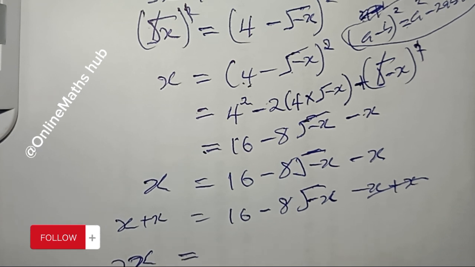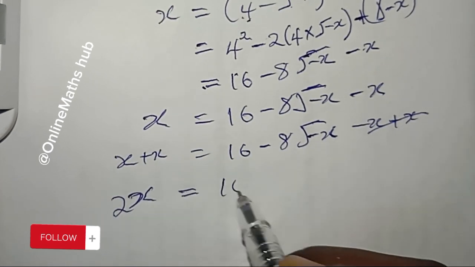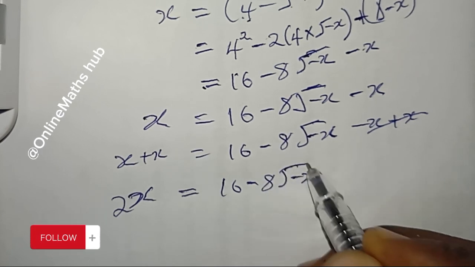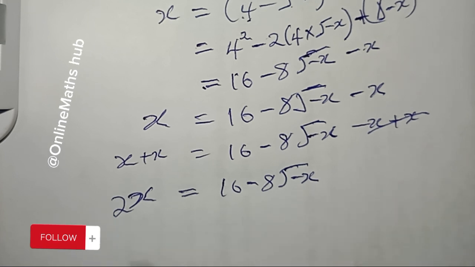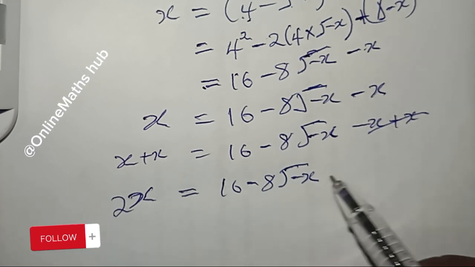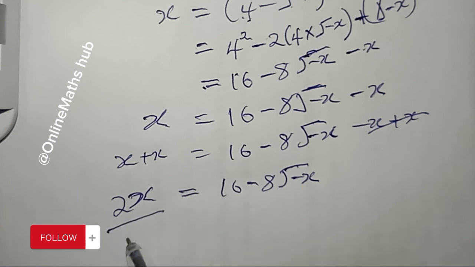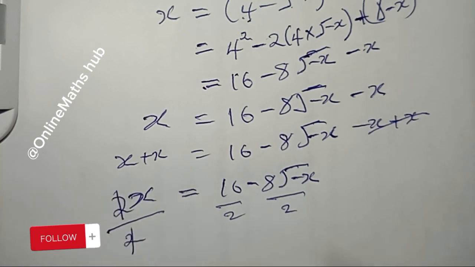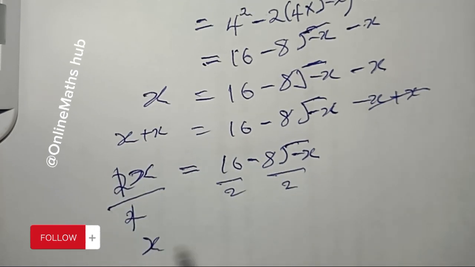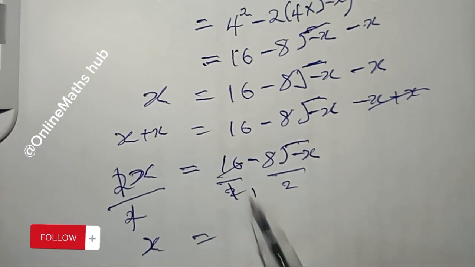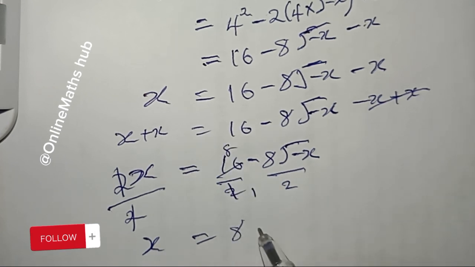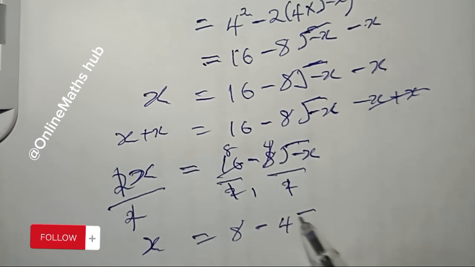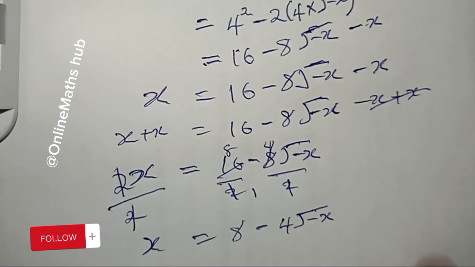So 2x is equal to 16 minus 8 root negative x, and you can see that 2 is divisible by all the terms here. So I'm going to divide through by 2, and then this cancels this, and I'm left with x over here. 16 divided by 2 is 8, and 8 divided by 2 is 4. So I have 4 root negative x over here.